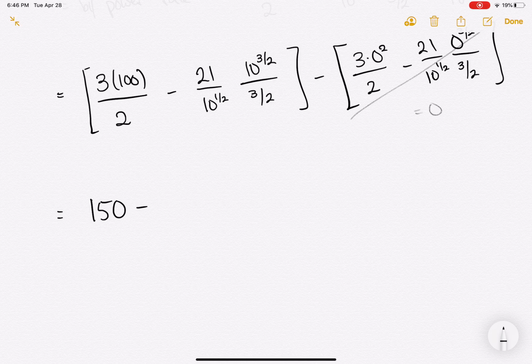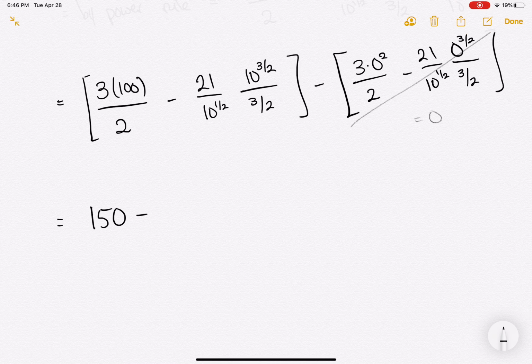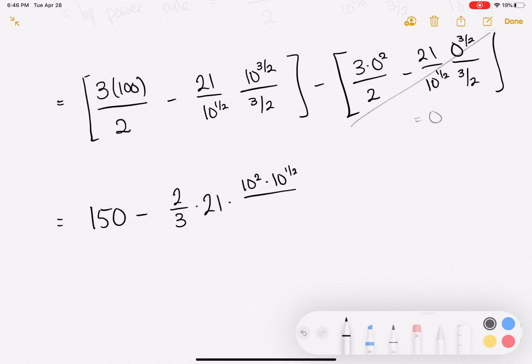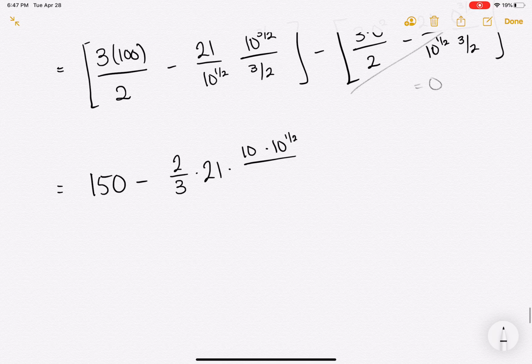But let's do this with exponential rules. The first thing I'm going to do is bring the 3/2 from the bottom up to the top as 2/3 times 21 times 10 squared times 10 to the 1/2. Sorry, 10 to the first power times 10 to the 1/2. That is actually 10 to the 3/2, and then I have this 10 to the 1/2 on the bottom.